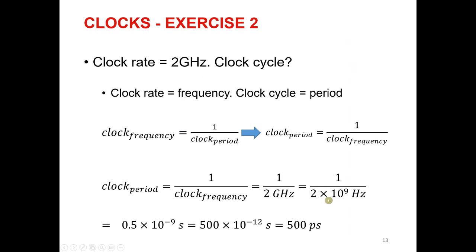We know that gigahertz is 10 to the power 9 hertz. And if we do the inverse, we get this value. You can leave it in seconds, but the clock cycle is usually referred to in picoseconds. So we will have the answer. Okay.